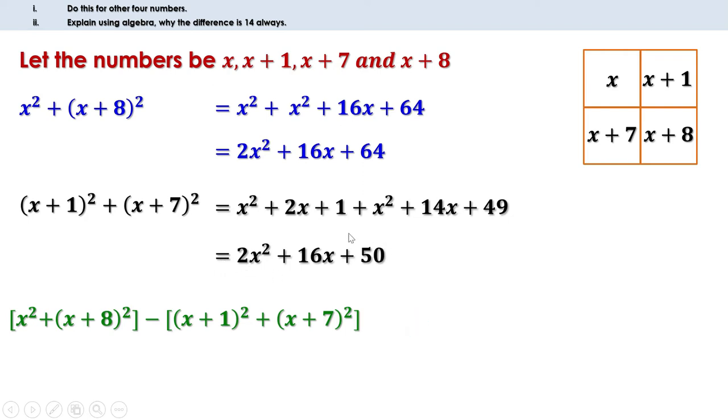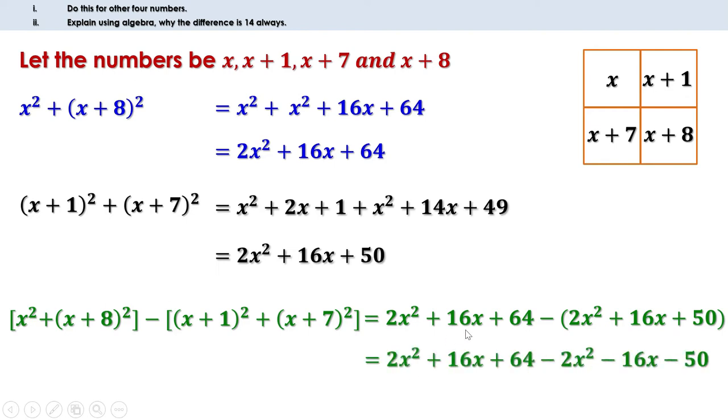There are more than one term, so we have to put a bracket there like this. Now to subtract this, we have to multiply each and every term within the bracket by this minus sign, and we can write this as 2x square plus 16x plus 64 minus 2x square minus 16x minus 50. 2x square minus 2x square is 0. 16x minus 16x is 0. 64 minus 50 is 14.